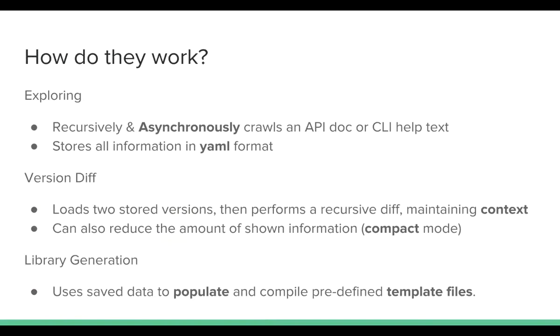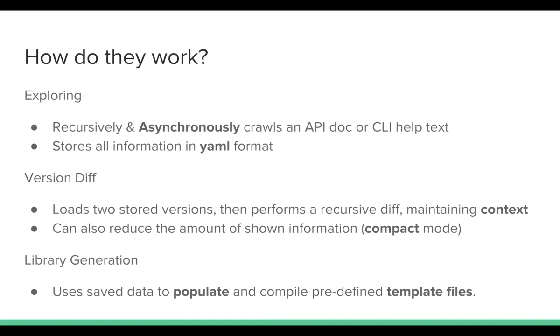So that typically only takes a few seconds to crawl the entire results. And it stores all the information in YAML format, which in my opinion is one of the most readable formats in there that you can actually still readily pull into a language like Python and parse through.